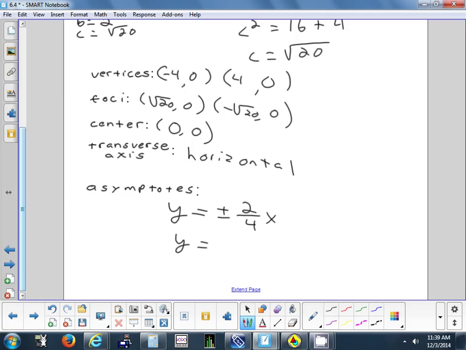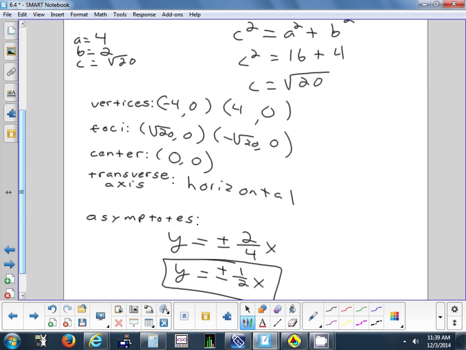What does 2/4 reduce to? 1/2. So if you were going to graph that, if you know rise over run, you can go up 1 and right 2, or down 1, depending if it's positive or negative. But those are your asymptotes. Okay, that's how you do it. Any questions on that one?